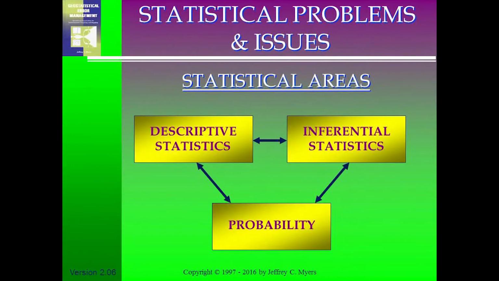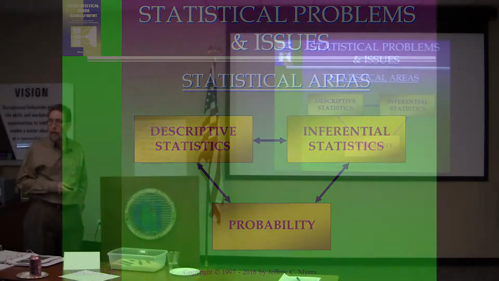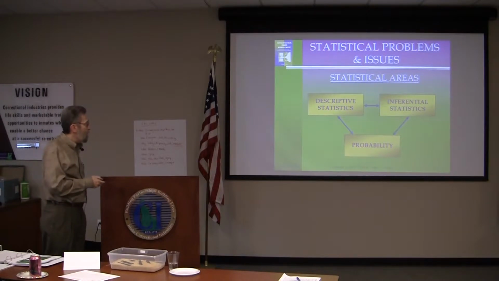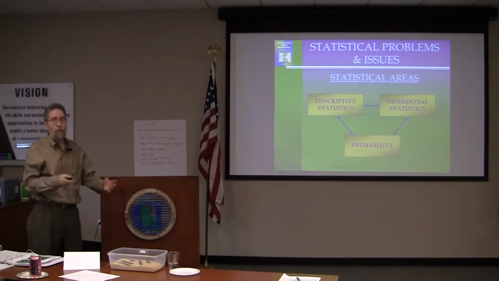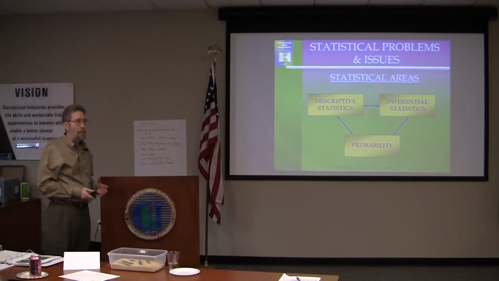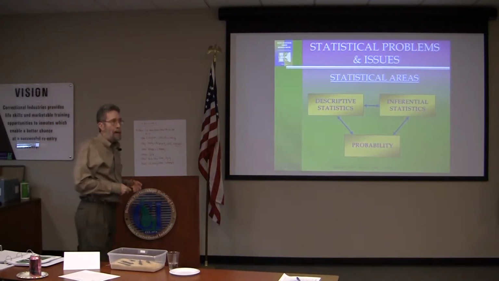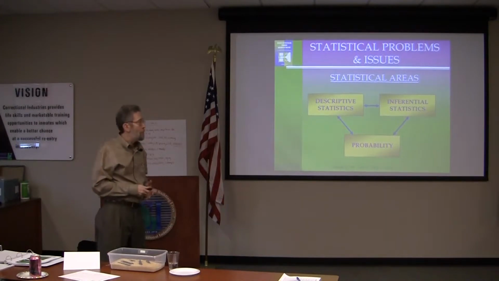Now, we have different areas within the statistical realm. We have descriptive statistics, things like means, variances, the population parameters, and so on. We have inferential statistics, things that infer what's going on, like confidence intervals, or maximum values. What's the highest value?